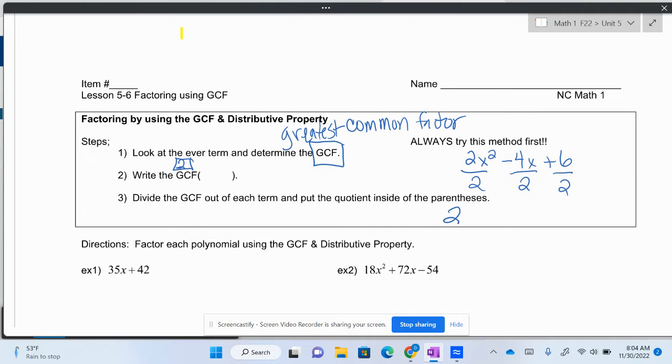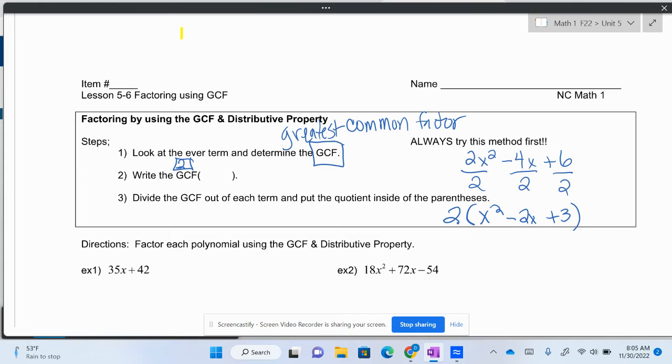So I'm going to write it down here. It goes outside the parenthesis. And then I'm essentially dividing each term by 2. 2x squared divided by 2 is x squared. Negative 4x divided by 2 is negative 2x. And a positive 6 divided by 2 is a positive 3.